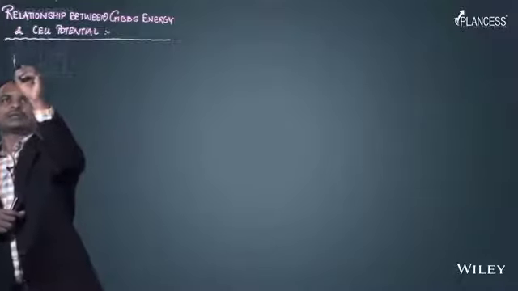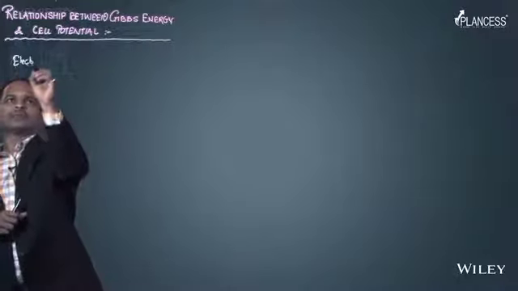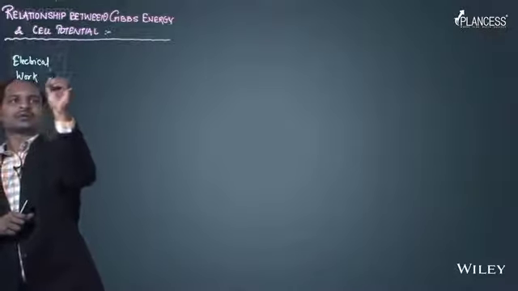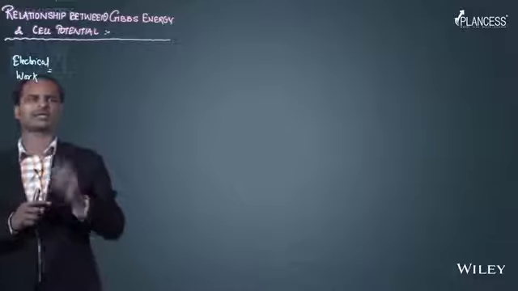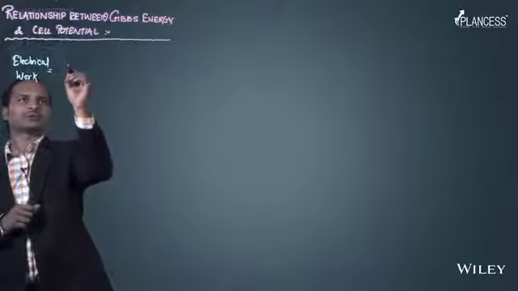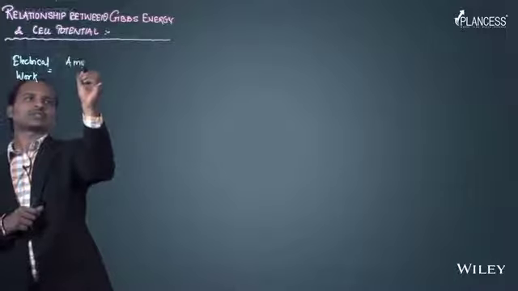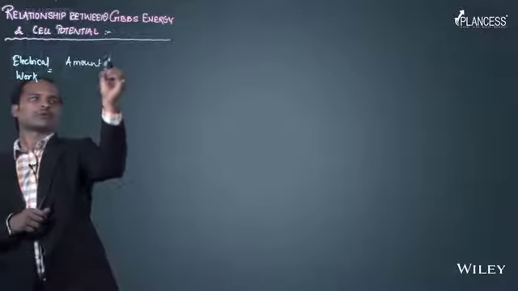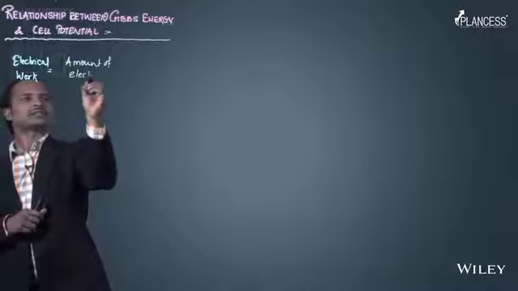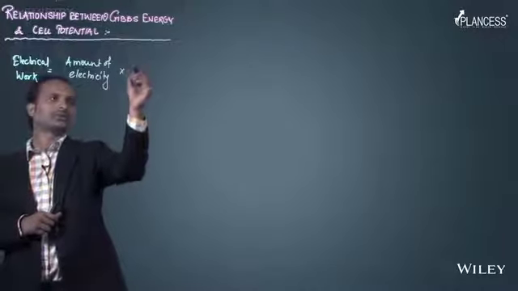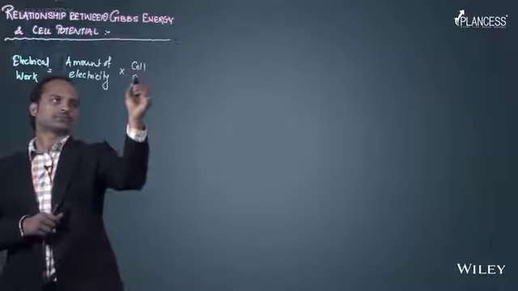That is, the electrical work done during a reaction or in a galvanic cell is the product of the amount of electricity, that is the charge passed through the cell, and the cell potential.